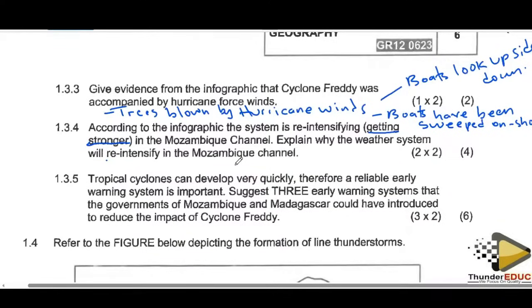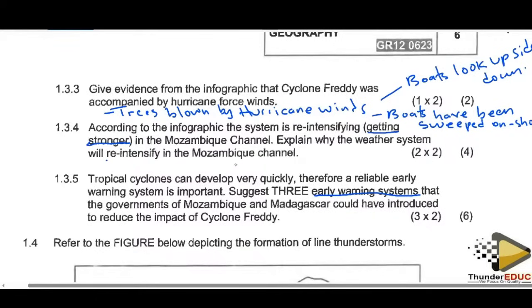Therefore, a reliable early warning system is important. Suggest 3 early warning systems that the government of Mozambique and Madagascar could have introduced to reduce the impact of Cyclone Freddy.